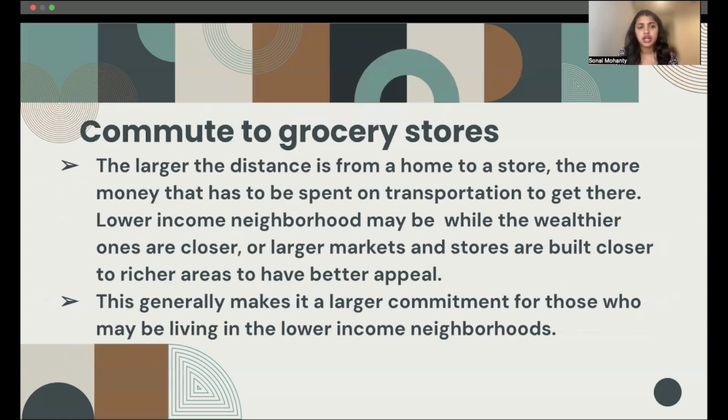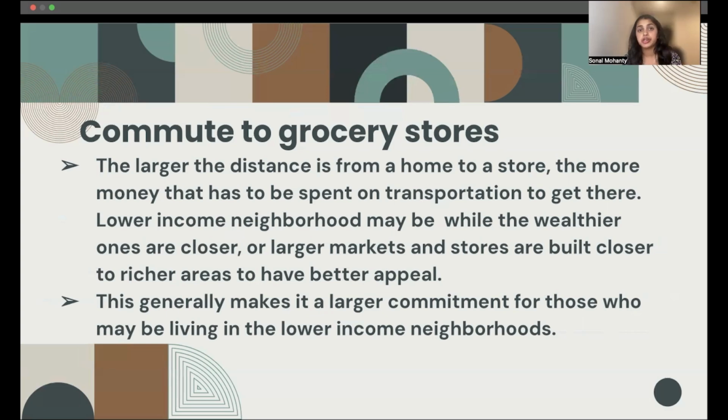Another very important one is commute to grocery stores. The larger the distance from a home to a store, the more money has to be spent on transportation to get there. These days, especially, gas is money, right? So a lower income neighborhood may be farther away from really good and healthy markets and grocery outlets.